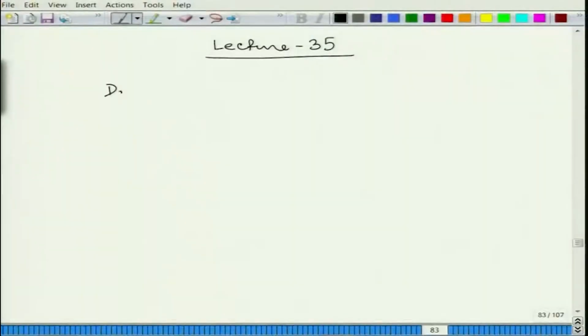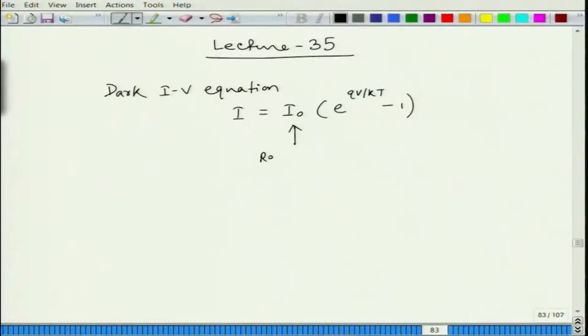Up to the last class we have looked at the dark IV equation, which is given by, and here this is the reverse saturation current.